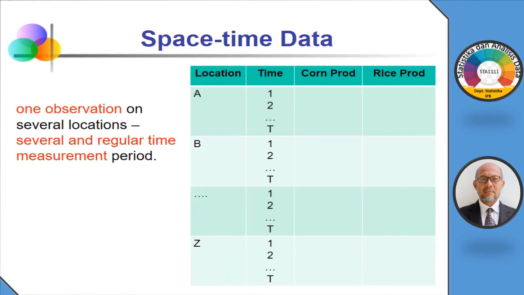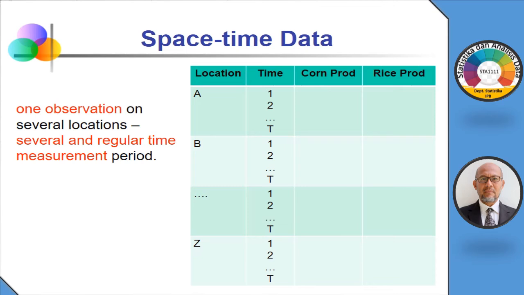So what about space-time data? This is a little bit different from longitudinal or panel data. In the first column, this indicates a location, not an individual, but a location: A, B, C, and so on, different locations. And in every location, you also measure periodically, and then you have some variables.